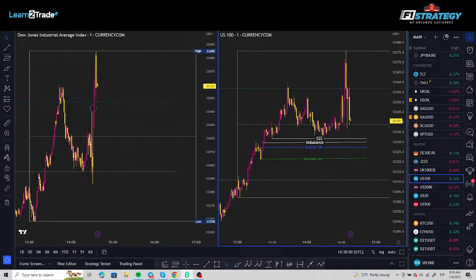So risking too little. Modify order. Pending order. Place. Boom. Shite. Too little. Modify order. Place.